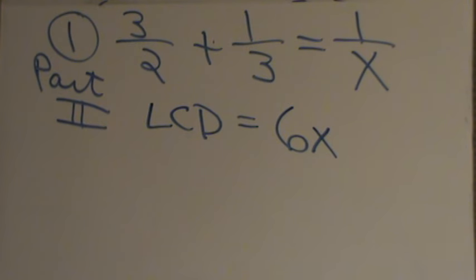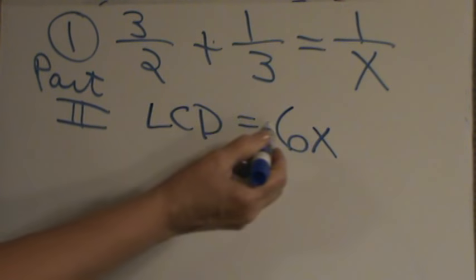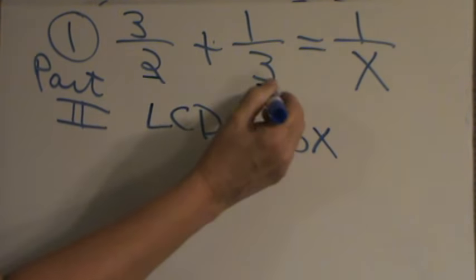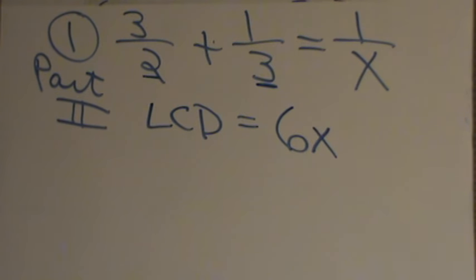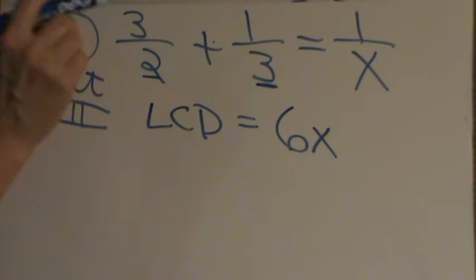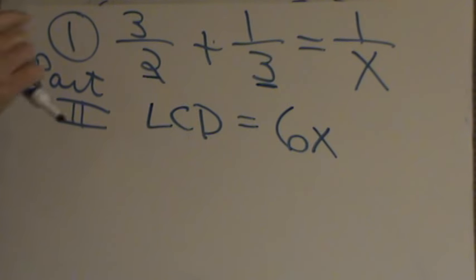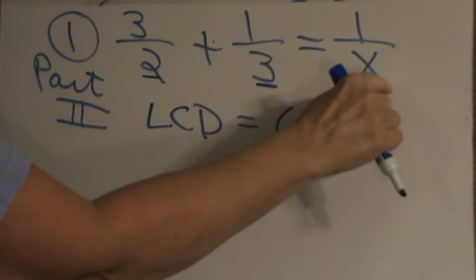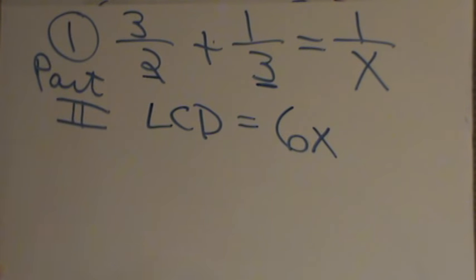Who even knows what x is? So you get the 6 from these two, and then you get the x from that third denominator over there on the right.